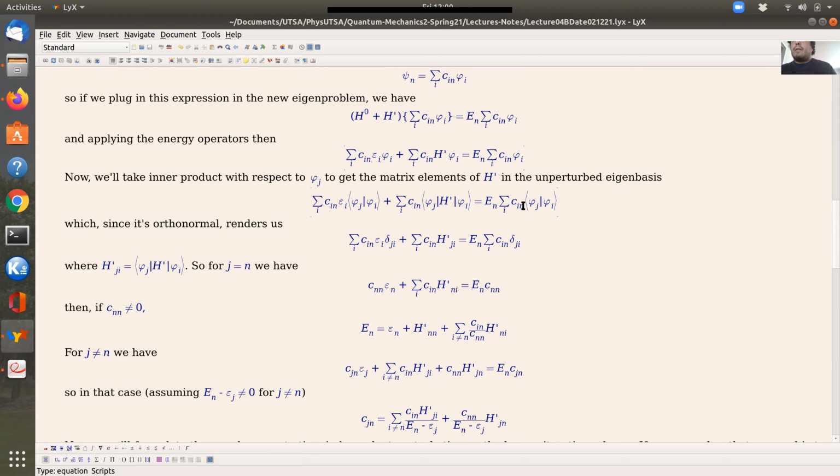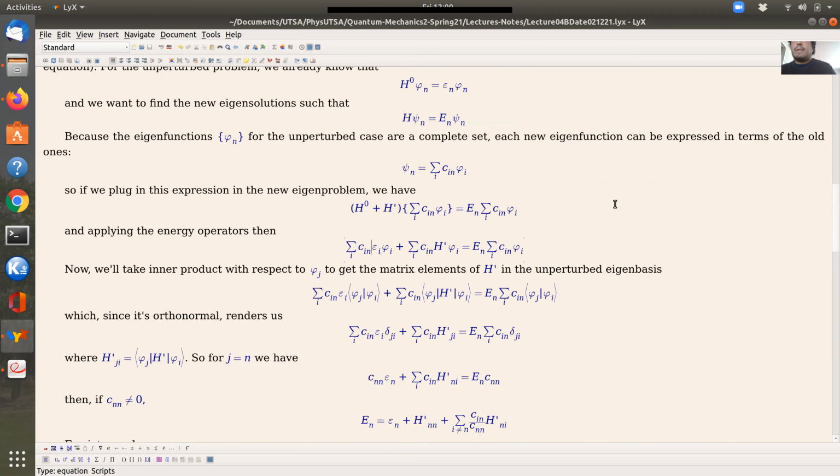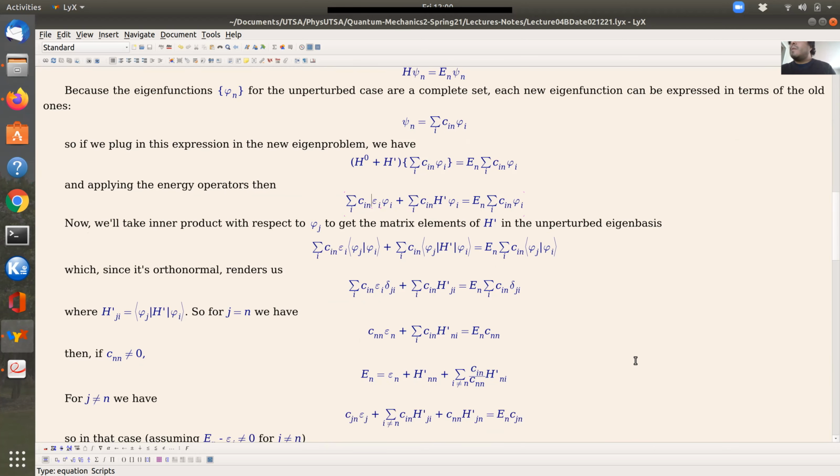And then again, by linearity, I have this. We have an orthonormal basis because we have solved this problem previously, and so we can simply substitute the Kronecker delta j i. So this case is quite simple. This is just a matrix element, in this notation, for H prime.